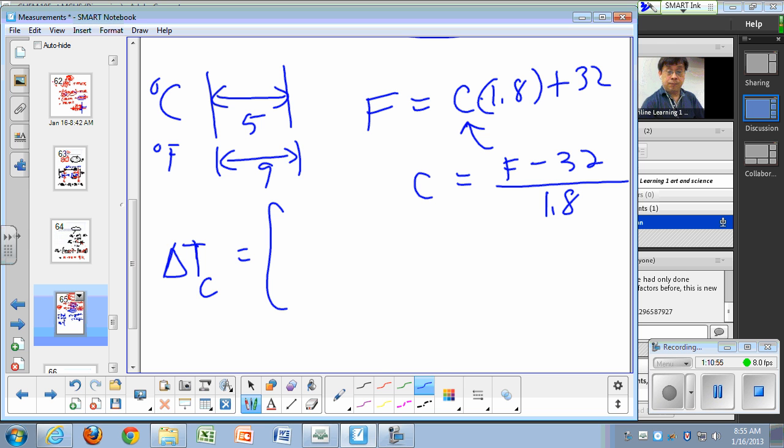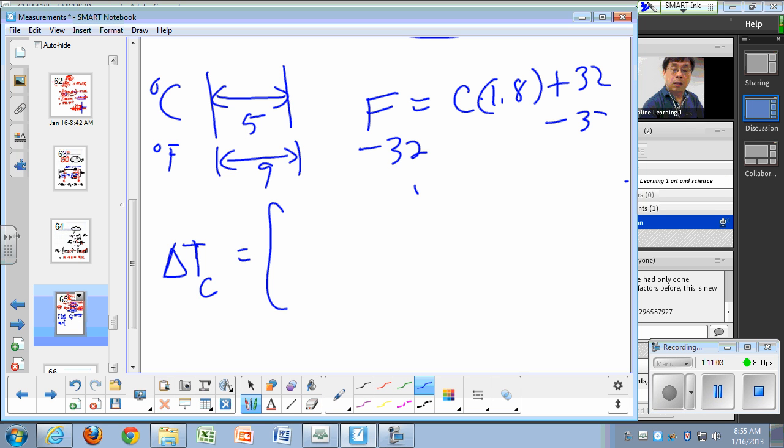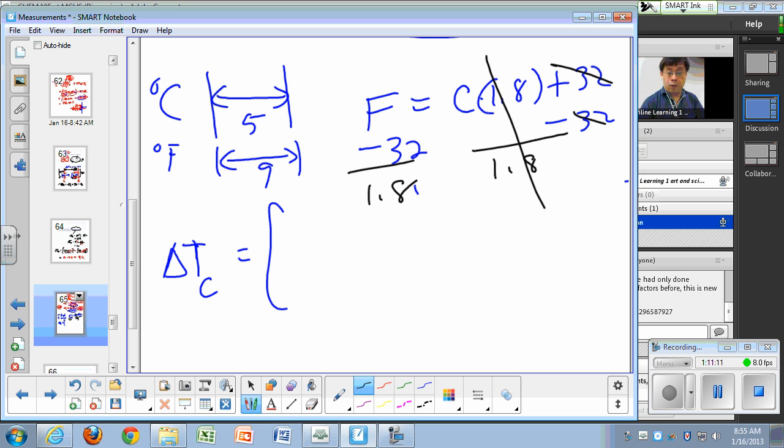Let's do that step by step with algebra. Subtract 32 from both sides. That gets rid of the 32. And then divide both sides by 1.8. That gets rid of the 1.8. So whatever Fahrenheit reading you have, you subtract 32 and divide by 1.8, you get your Celsius reading.